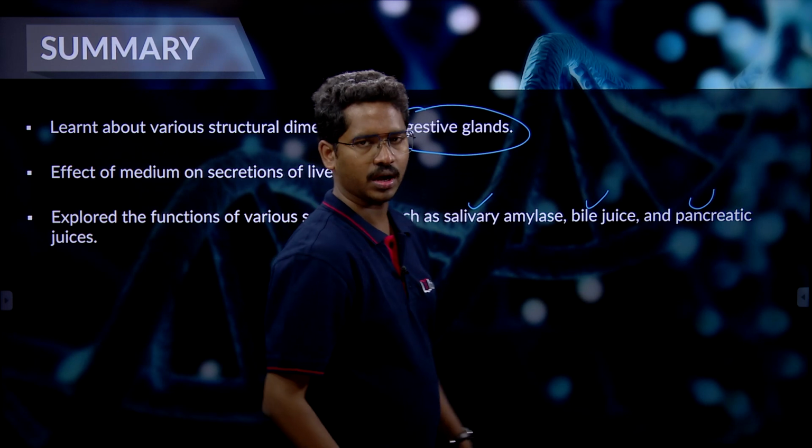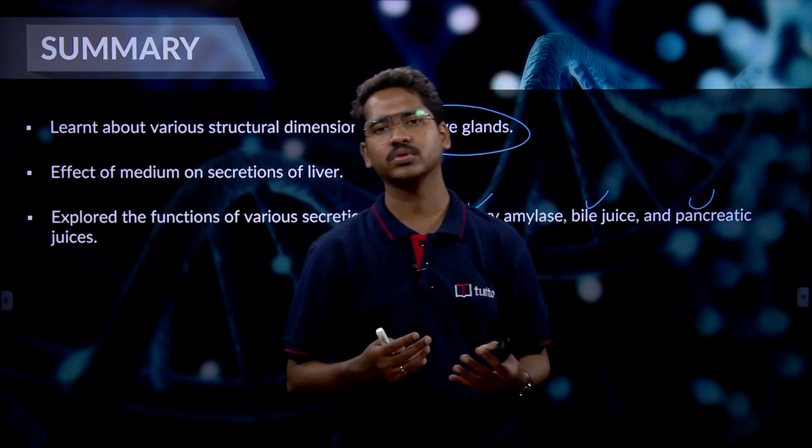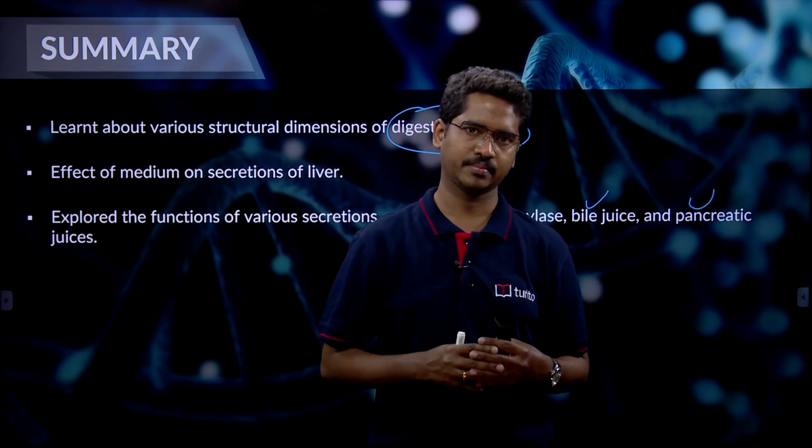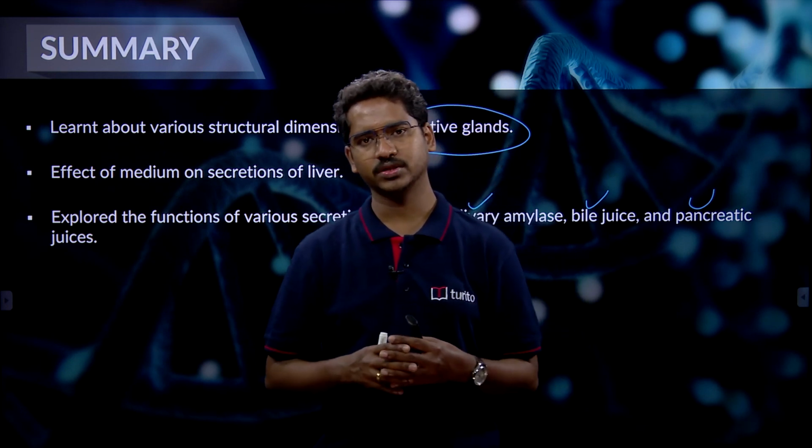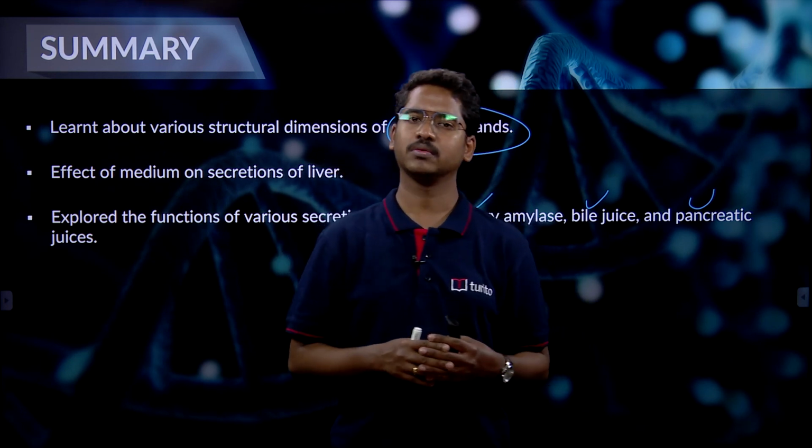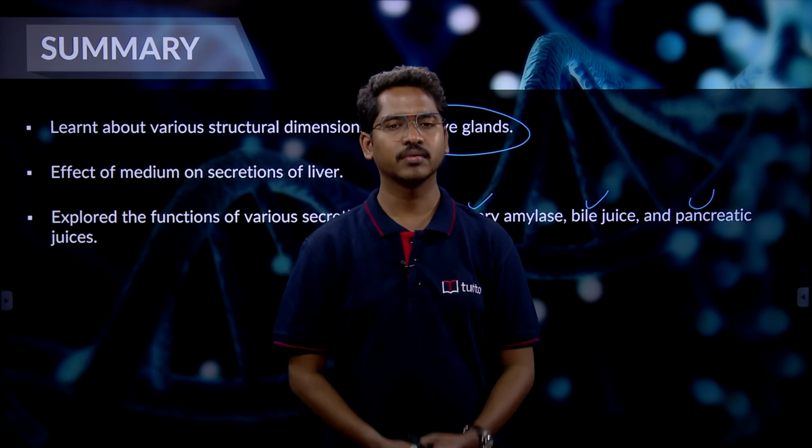We also looked at how the digestive system as a whole would look. I hope you enjoyed the session. We will meet in the upcoming session and discuss more details. Thank you so much.